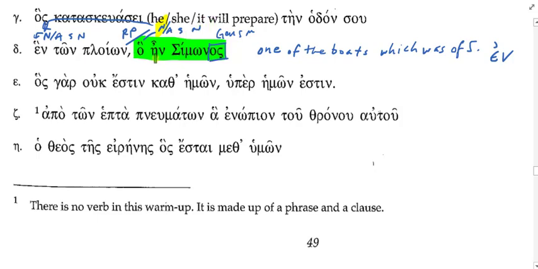How is Simōnos genitive? Yeah, it's a third declension form. Okay, so the omicron sigma is the genitive singular of third declension nouns. Right, because Simōn ends with a nu, right?